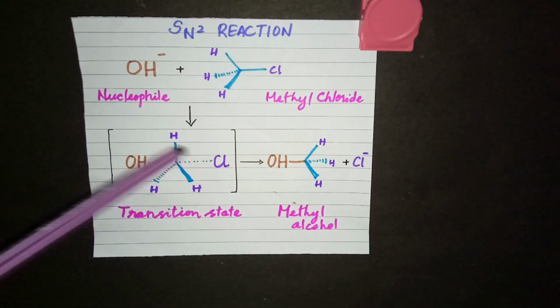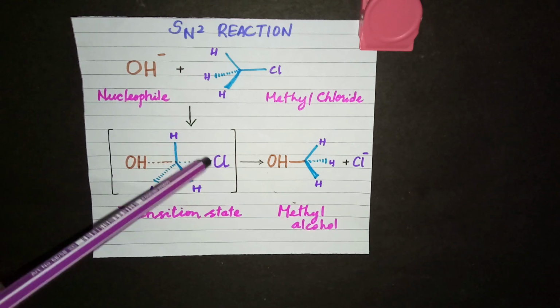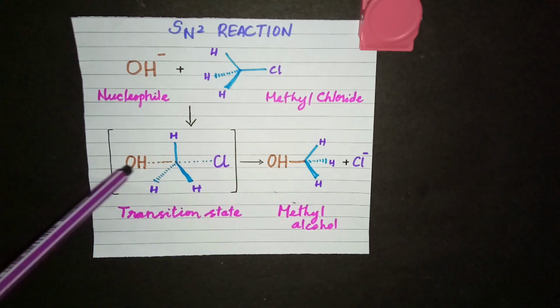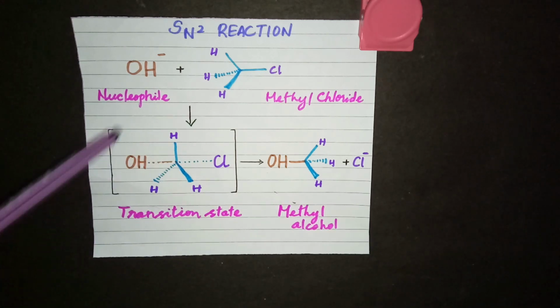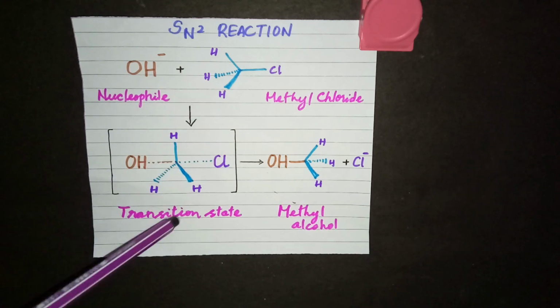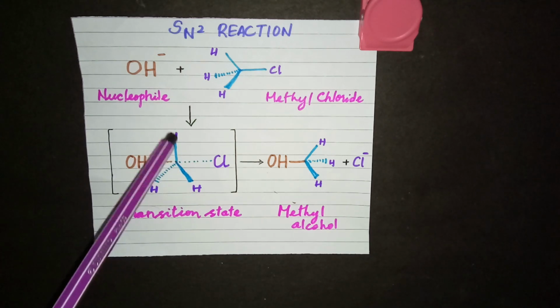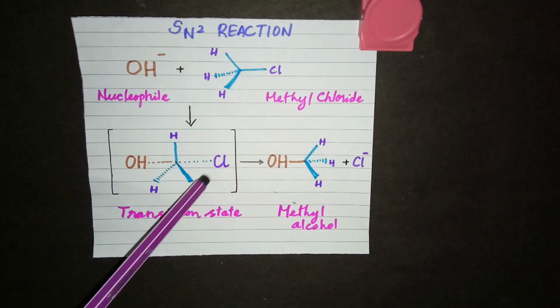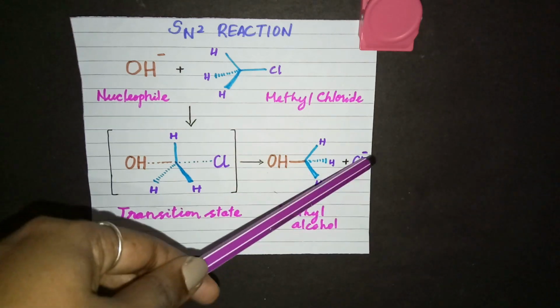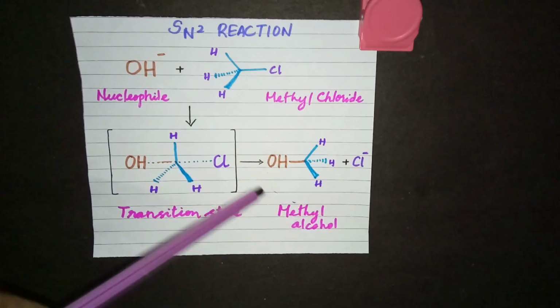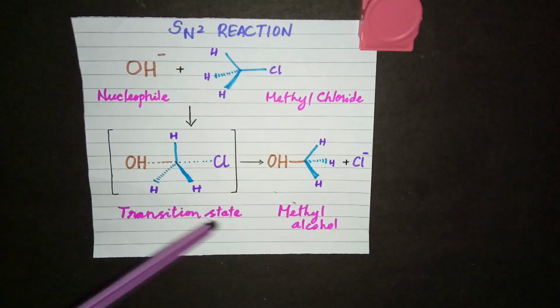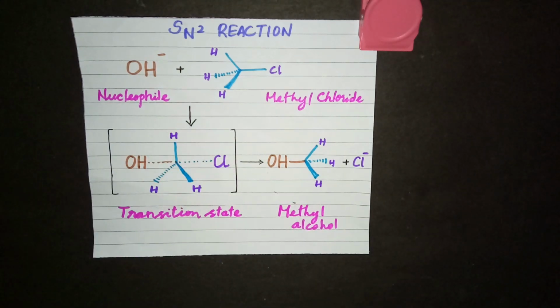Both happen at the same time, simultaneously. So this chlorine is going away, and this OH is coming inside. This state is called the transition state. This is an unstable state which lasts for a moment, and after that this chlorine completely goes out with the electrons, and this is the product. This is methyl alcohol.